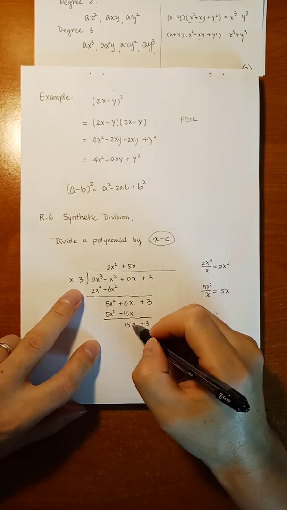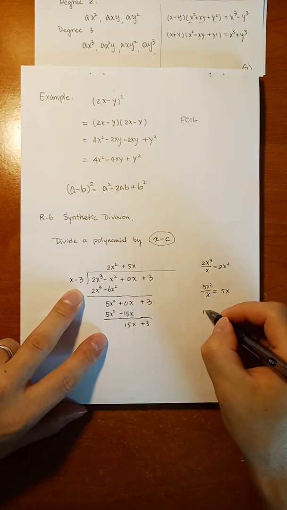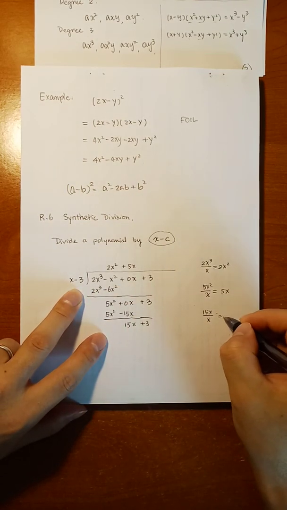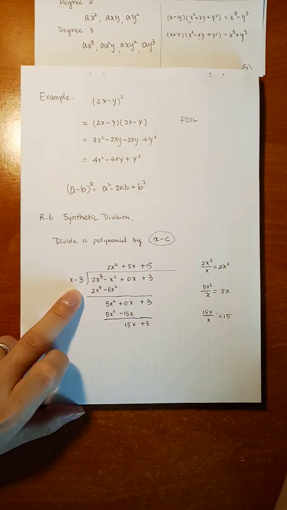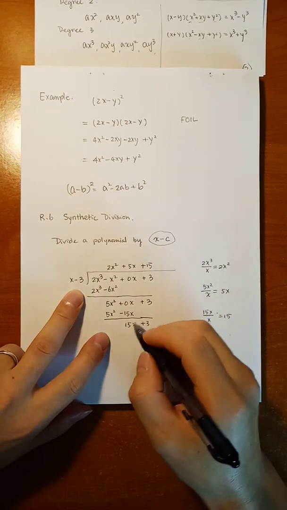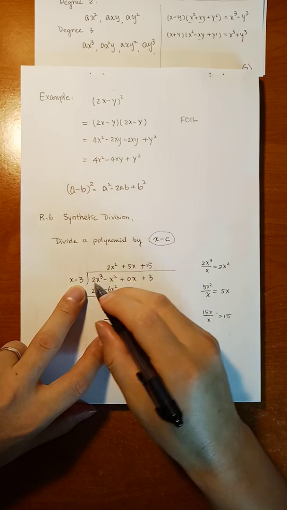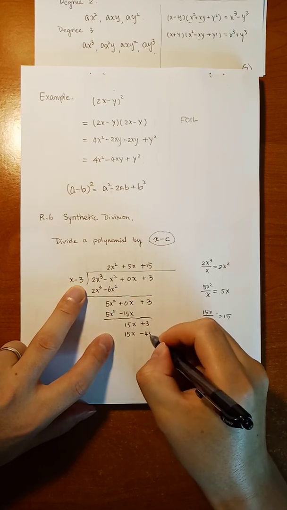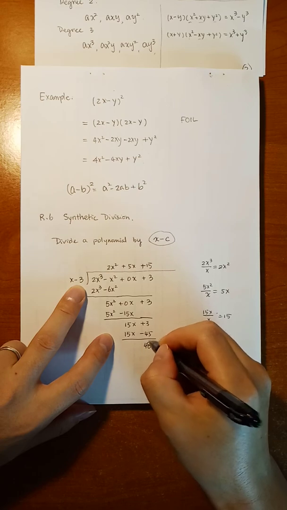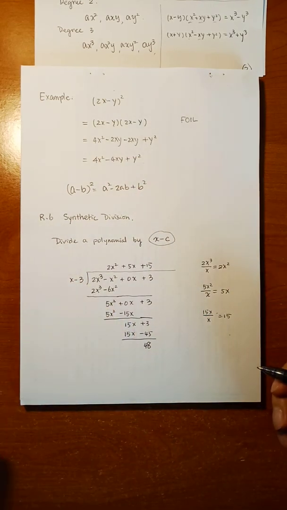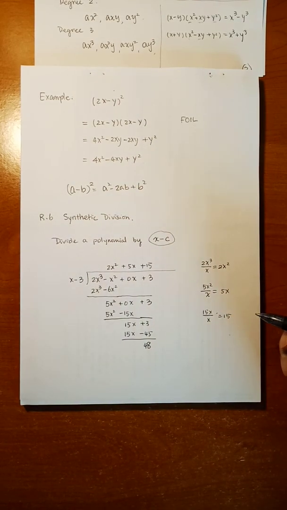And then you copy this, and you divide 15x by x. So it's plus 15. Plus 15 times x minus 3, you get 15x minus 45. You do subtraction, 3 minus negative 45 is 3 plus 45 is 48.